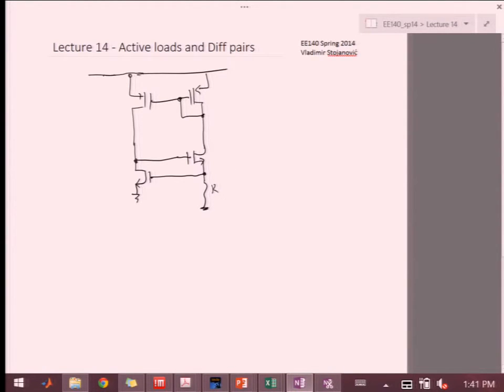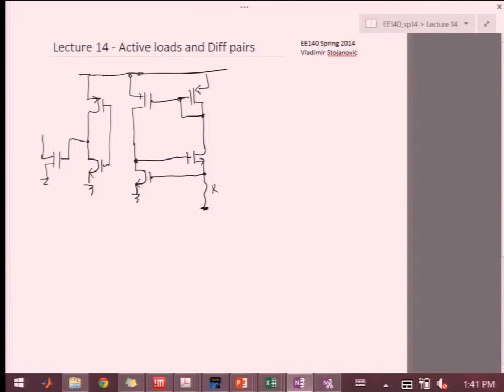So we'll have a circuit that looks kind of like this. It's a simple inverter. And then I have another transistor here.